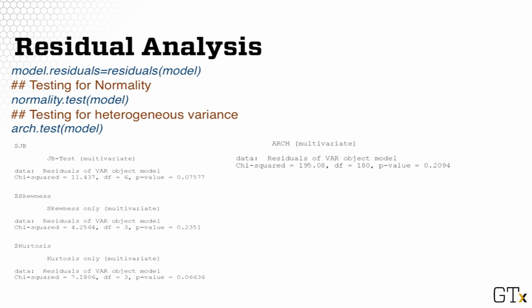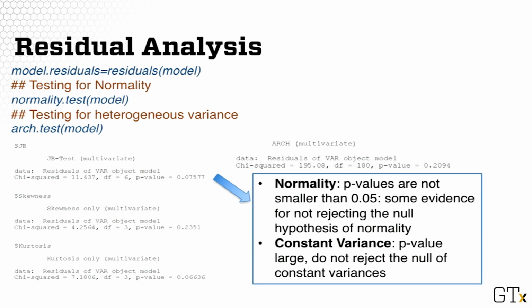This is the R output from these two tests. The normality test provides inference on multiple aspects of normality, including skewness and kurtosis, where the former is a measure of departure from symmetry and the latter is a measure of departure from normal tails. The p-values for the normality test are all larger than 0.05, indicating that we do not reject the null hypothesis of normality.